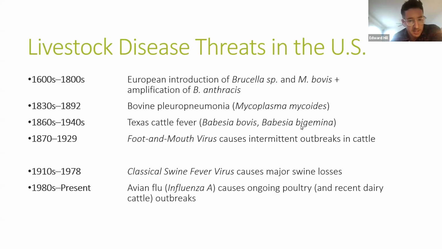We had tons of ticks spreading babesiosis in Texas in the 1860s to 1940s. We had a couple different viruses affect cattle and pigs. We had the foot and mouth virus, which is different than the hand, foot and mouth disease that we have in humans. And then more recently, we have avian flu.